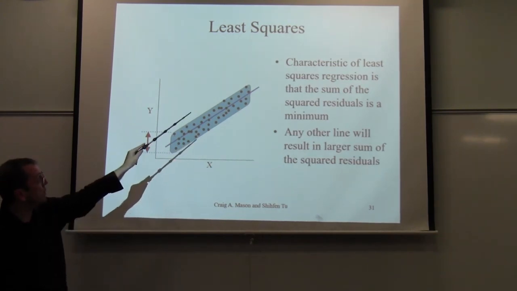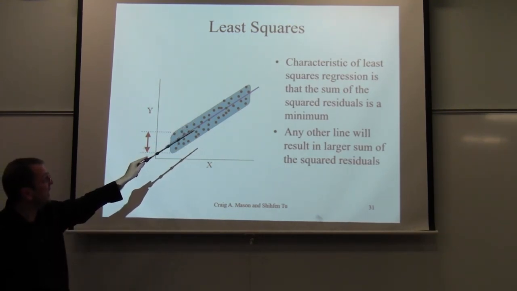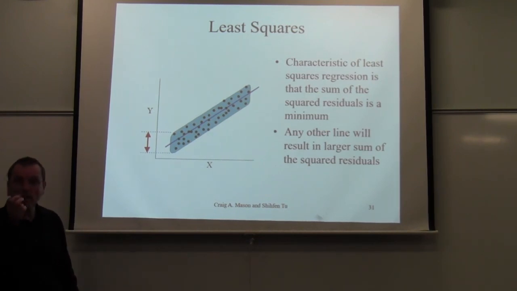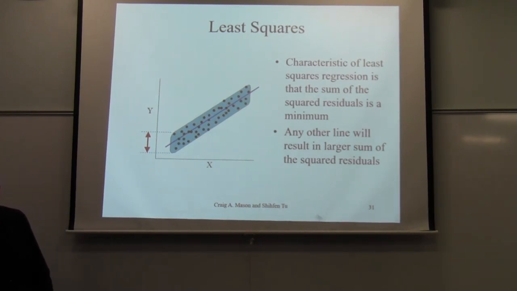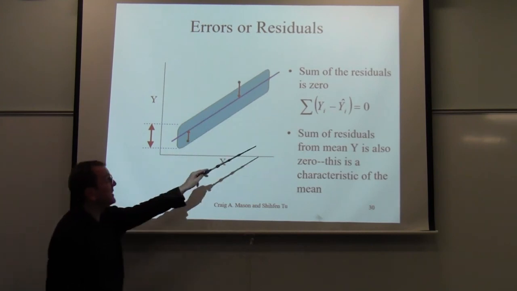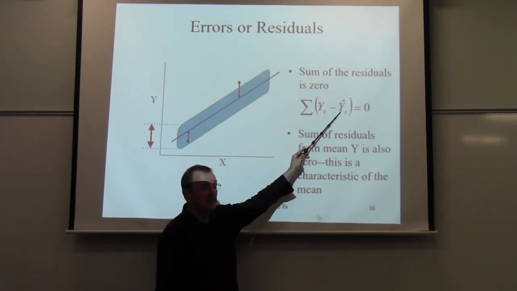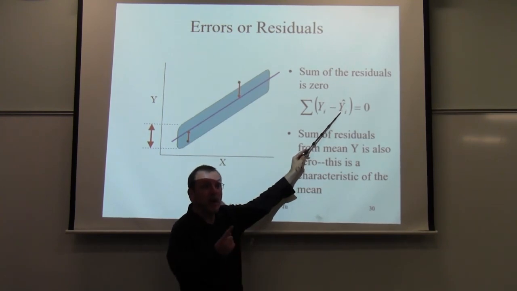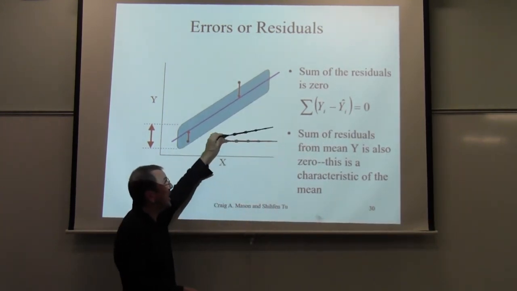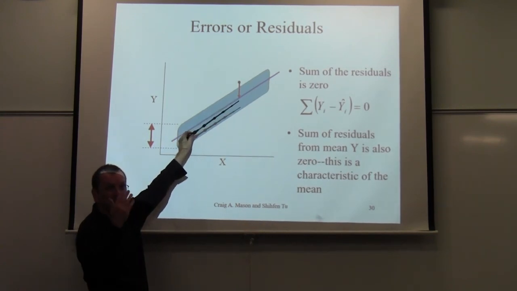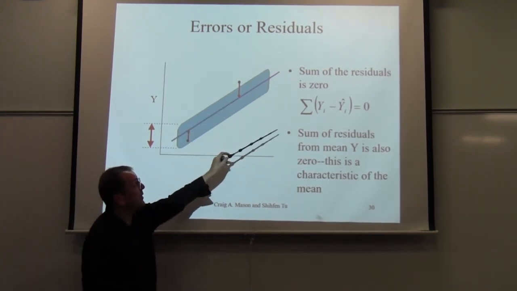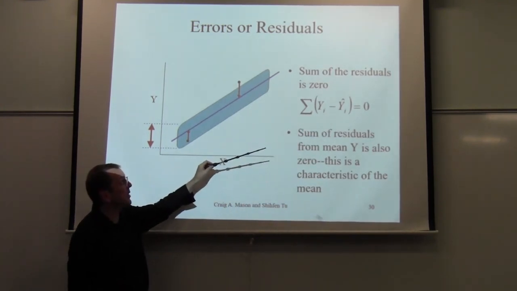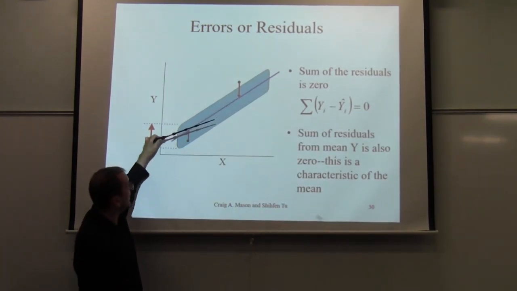What's cool about the least squares regression line and where it gets its name is that if you square those residuals, the sum of the squared residuals for least squares regression will be a minimum. The sum of the residuals being 0 doesn't define one line.